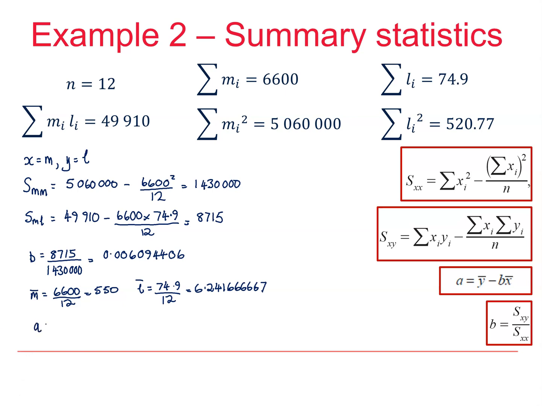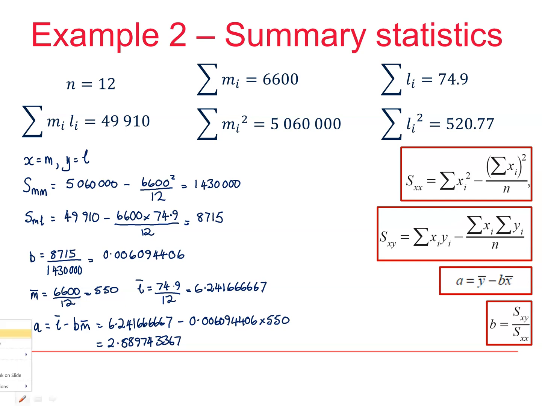And now we can find a. So that's y bar. Now y is l, so we've got l bar minus b m bar. So that's 6.241666667 minus b multiplied by m bar, which is 2.88974337.